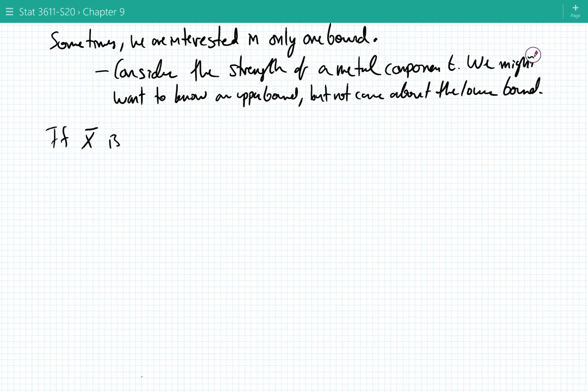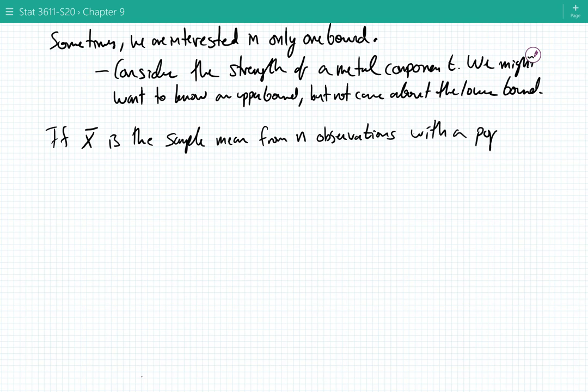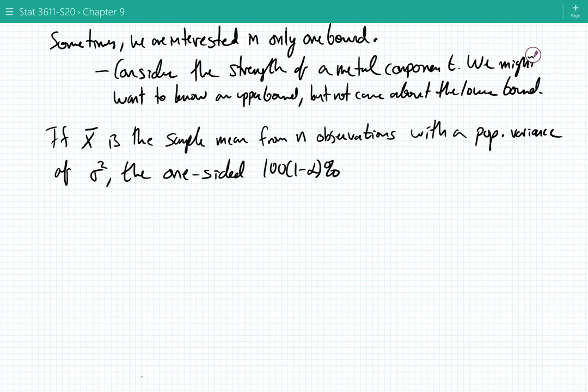If x bar is the sample mean from n observations with a population variance of sigma squared, the one-sided 100 times 1 minus alpha % confidence bounds for mu are, if you want an upper bound, the upper one-sided bound.